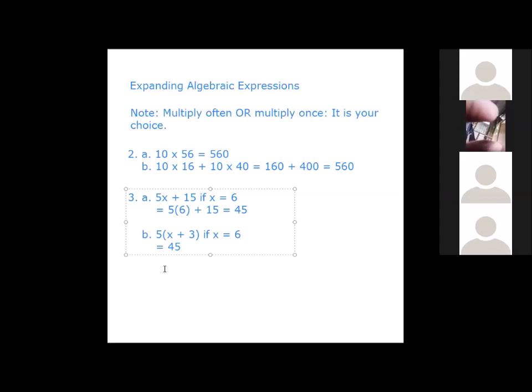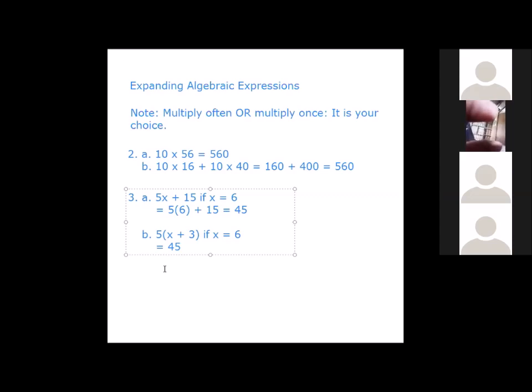Now, the question is, can we use the expression 5x plus 15 to calculate the value of 5 times x plus 3 for any values of x? Do you think it works for all?